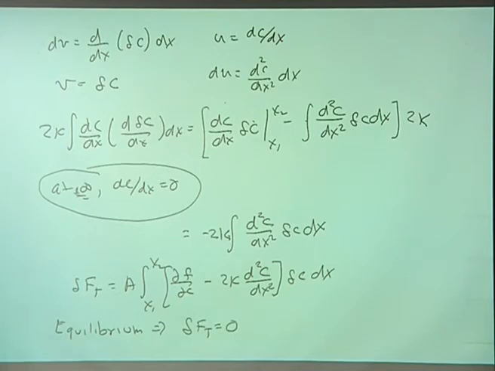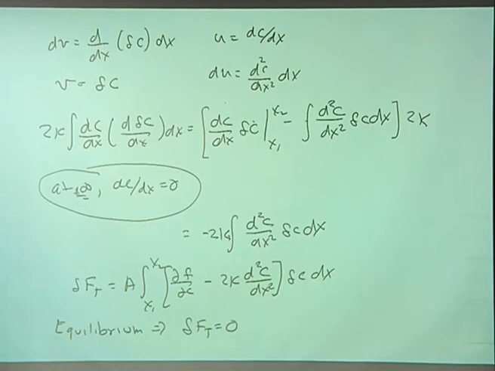For a particular value of delta c as a function of position, and a particular value of this thing, you can make this integral equal to 0. But if you wanted to do it for the most general case, for any reasonable delta c that's not discontinuous, the only way to make this thing equal to 0 is to set the term in the brackets equal to 0.